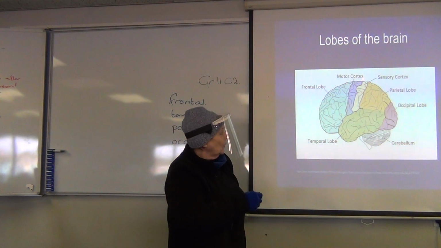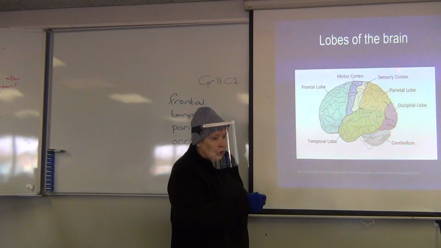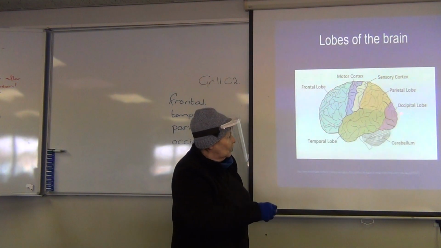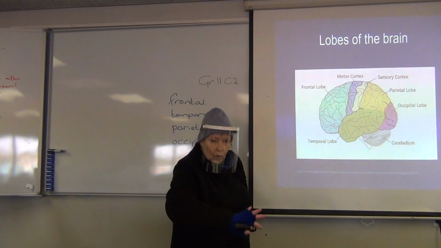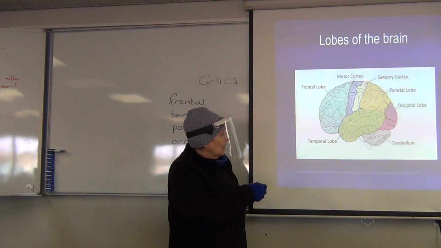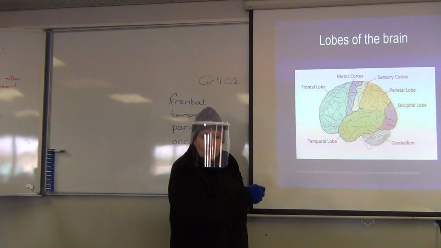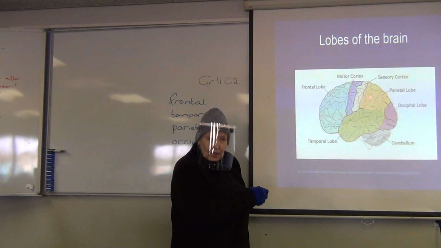Directly behind it, also in a little band, is what is called the sensory cortex. Now remember, vision is here. All the other sensations are sensed and interpreted in a little band going down here. And again, different parts, different sensations.